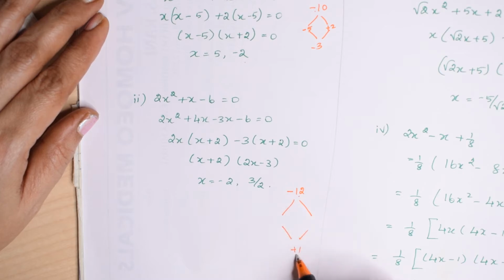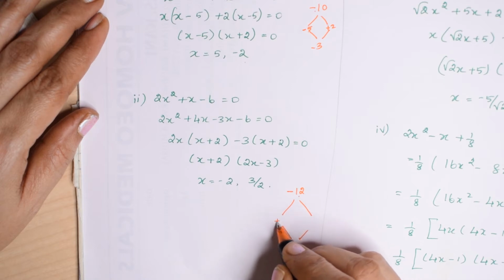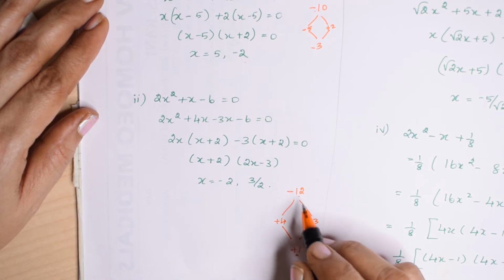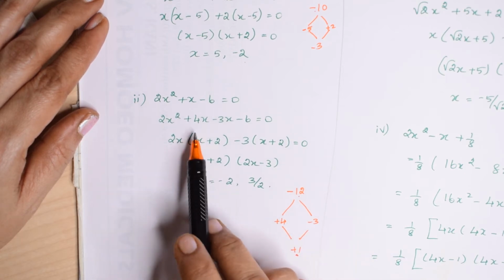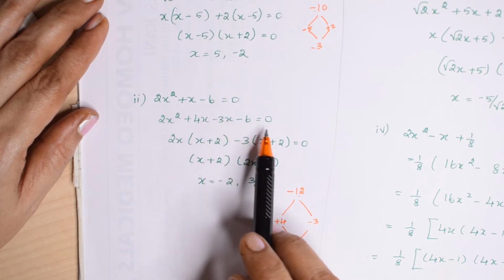And this plus here shows that the bigger number is going to be the plus number and the smaller number is a minus number. And so those numbers are plus 4 and minus 3. When I multiply plus 4 and minus 3, I get minus 12. When I add this, I get plus 1, right? So I split the terms as plus 4x minus 3x and I write the remaining minus 6 here.